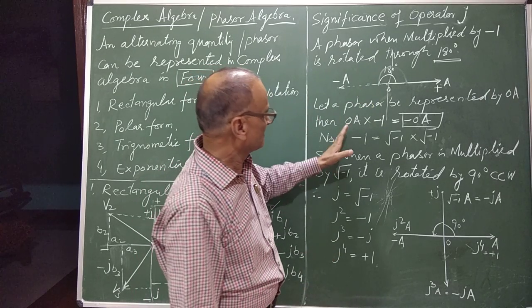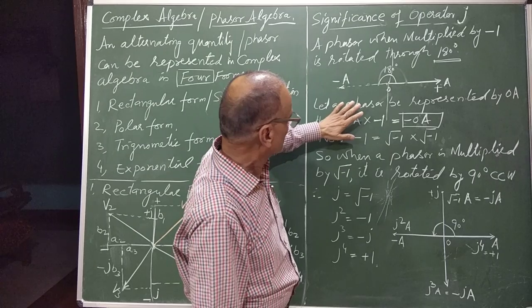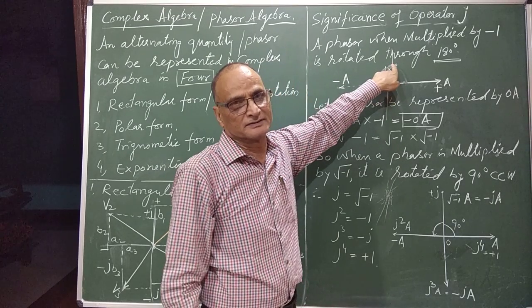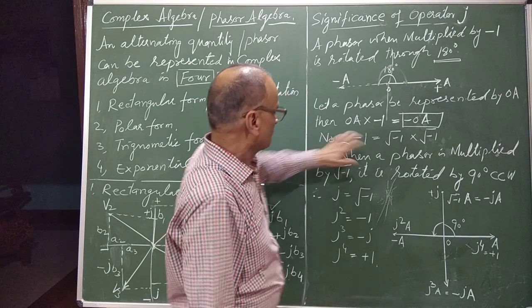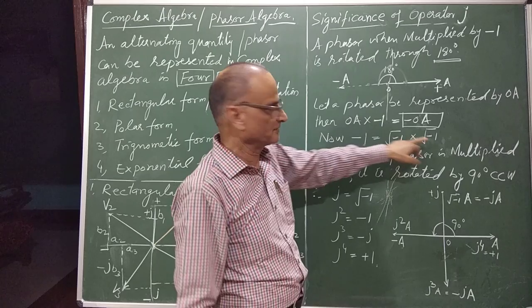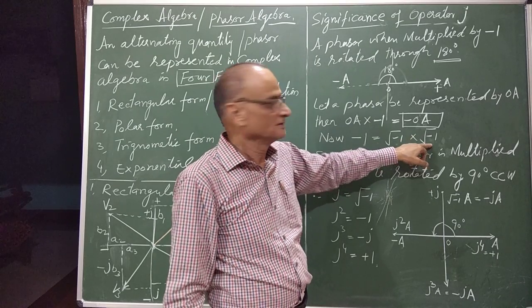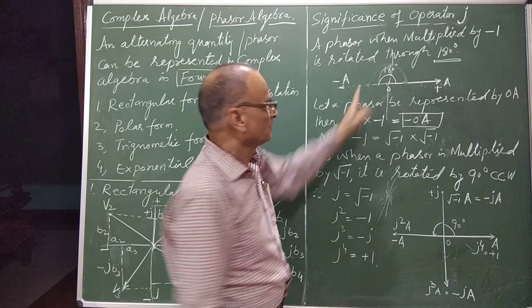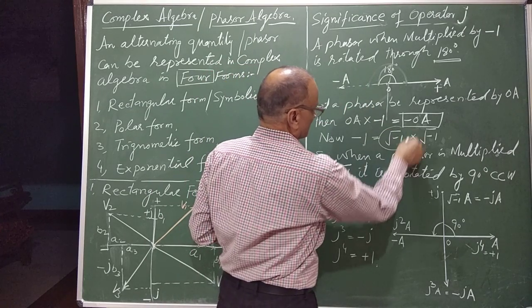Now we'll see how a phasor can be rotated by 90 degrees. We split this minus 1 into two parts, under root minus 1 into under root minus 1. So when it is multiplied by minus 1, it is rotated through 180 degrees.